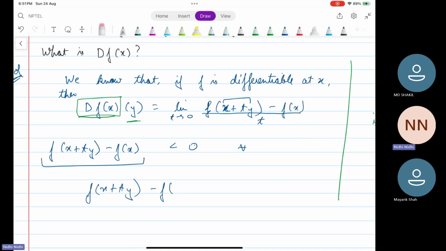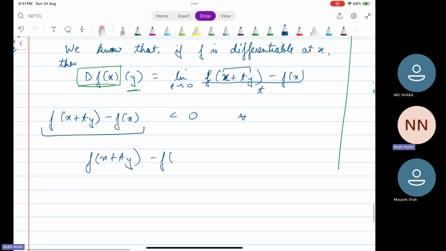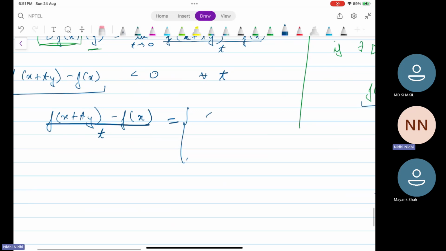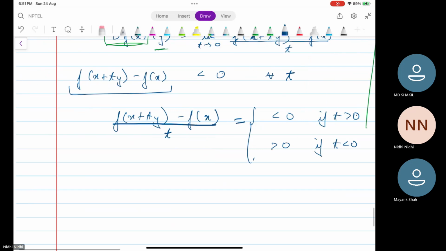So now this is always positive. This is always negative, and if we divide it by t, its sign will depend on t. This will be negative if t is positive, and this will be positive, because negative over negative, if t is negative.